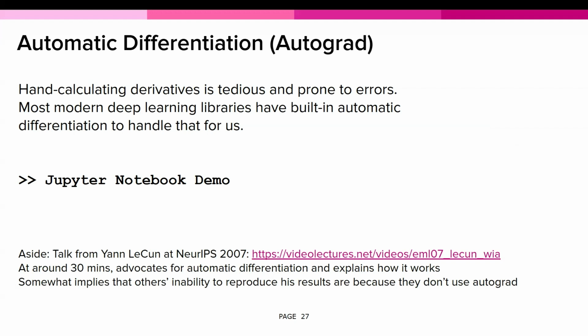As a small aside, I would love to point you to this video from Yann LeCun that he gave at a workshop at NeurIPS in 2007. That was a long time ago, almost 17 years ago now.